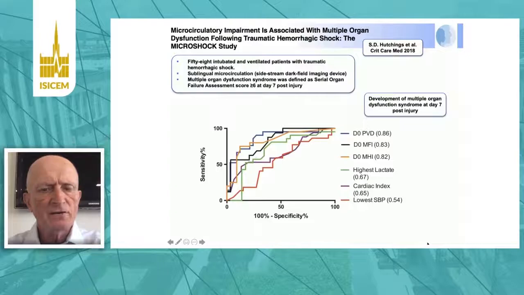This has also been demonstrated in hemorrhagic shock in trauma patients, with the same result: only microcirculation parameters were capable of predicting the development of multiple organ failure at day 7 in these patients.